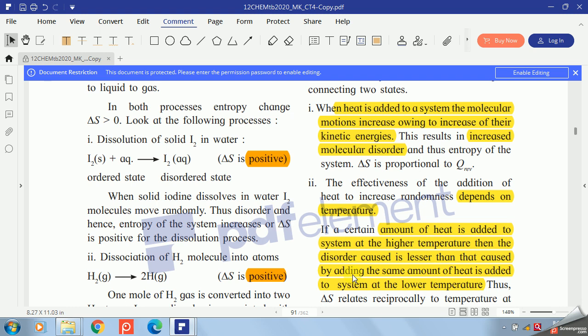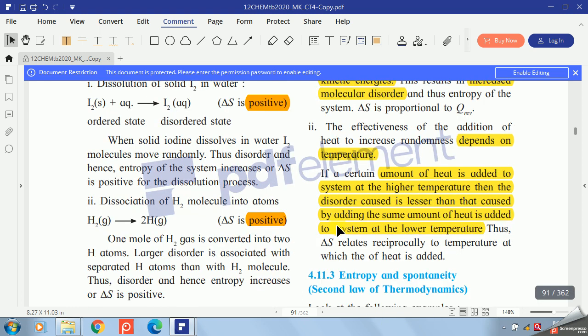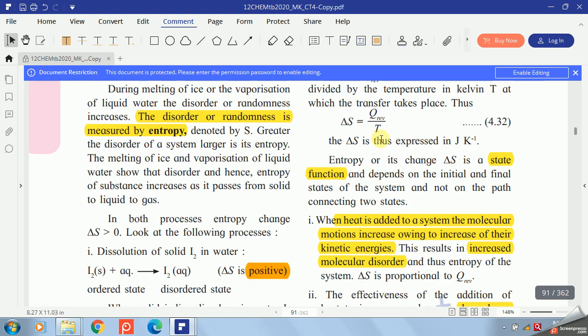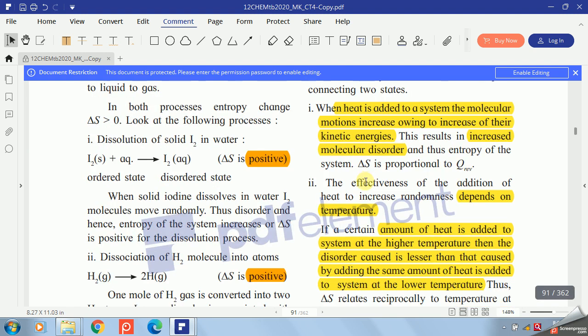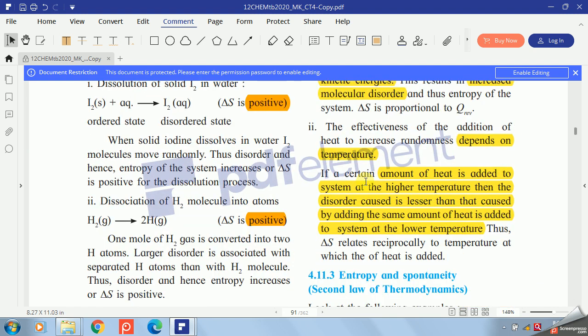So this indicates that the change in entropy, delta S, is inversely proportional to temperature, and that's why it is written in the denominator in the equation. Delta S is inversely proportional to T. So delta S is equal to Q reversible by T. This is the mathematical equation for change in entropy.